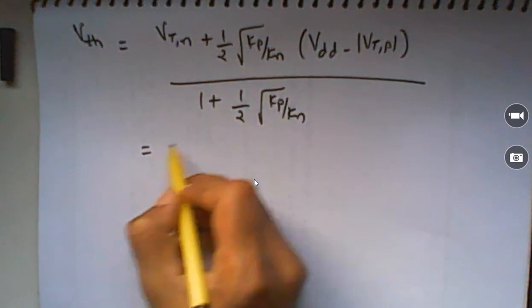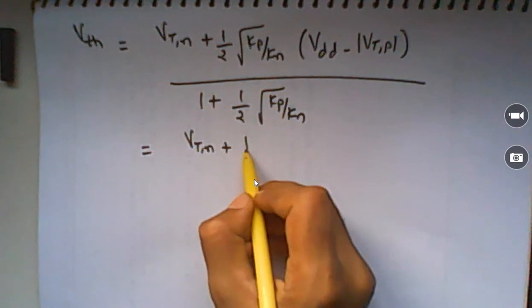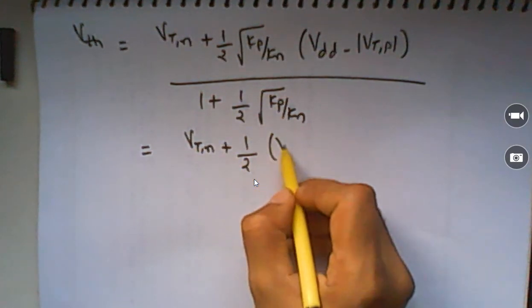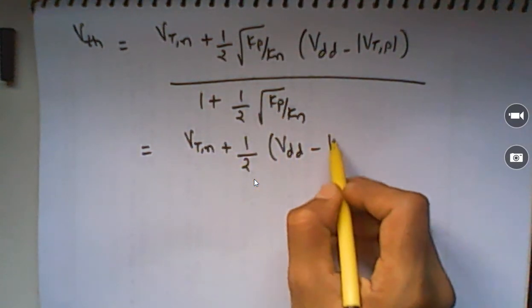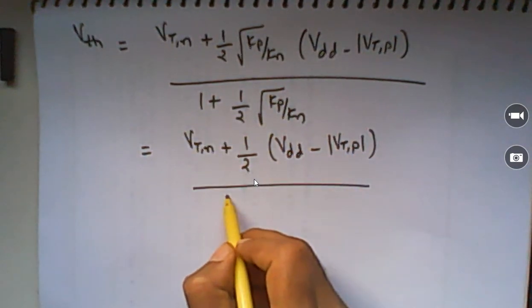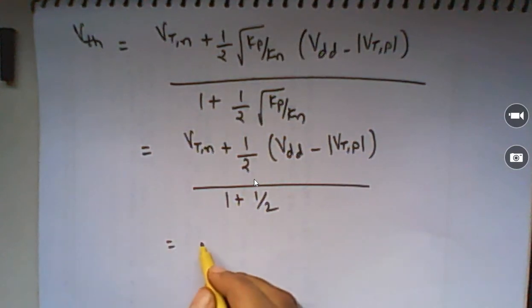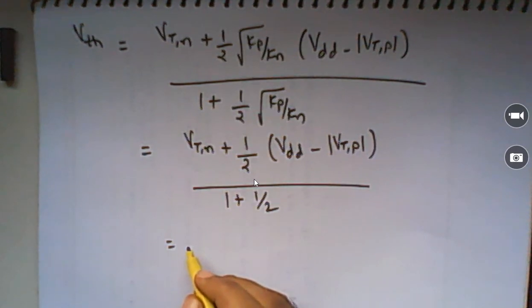So Kp divided by Kn is 1, VTN as it is, so it is 1 upon 2 (VDD minus VTP) divided by 1 plus 1 upon 2, right?